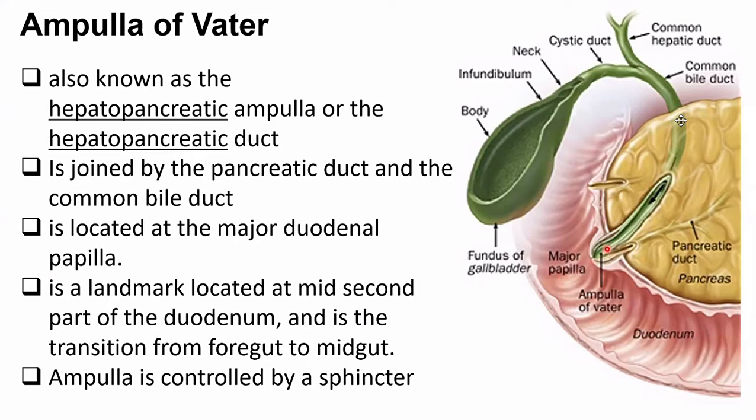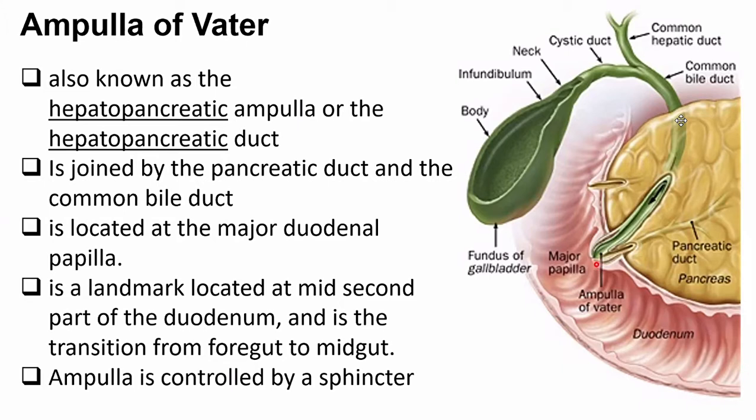Transition from foregut to midgut, and hence the point where the celiac trunk, do you remember celiac? And this is the area where the celiac artery stops supplying the foregut, and the superior mesenteric artery takes over pababa.